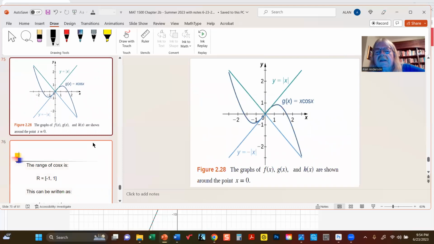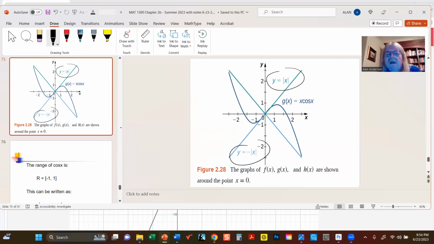Now, if you look at this graph, you've got three functions: absolute x, and these are the two outside functions, negative absolute value of x, positive absolute value of x, and cosine of x. You can see by the way the graph is drawn that at least over this interval, g of x is in between the other two.